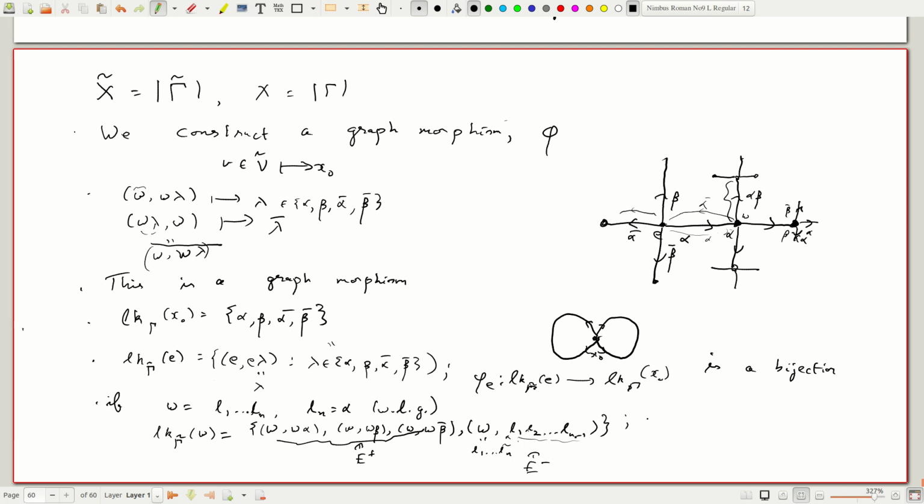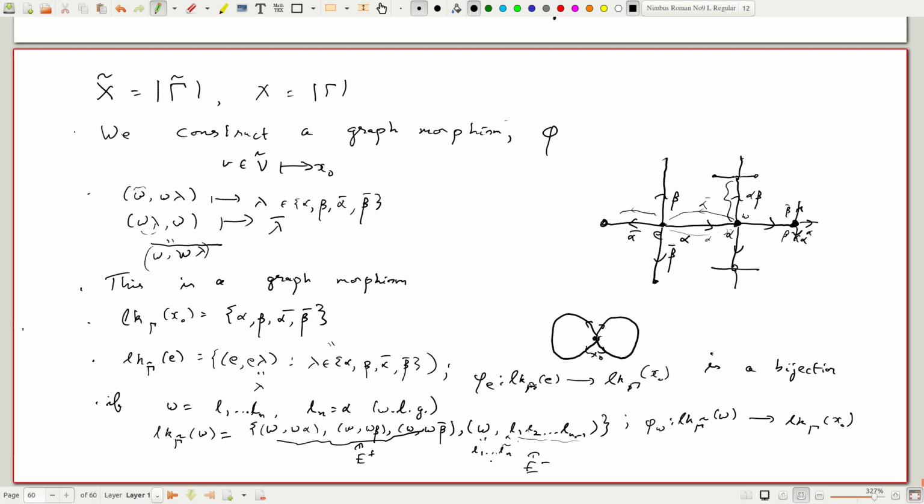So if I look at the map phi W from the link in gamma tilde of W to the link in gamma of x0, let's see what the things are. The first three, in fact in general anything which is not the inverse, is mapped to the same letter.